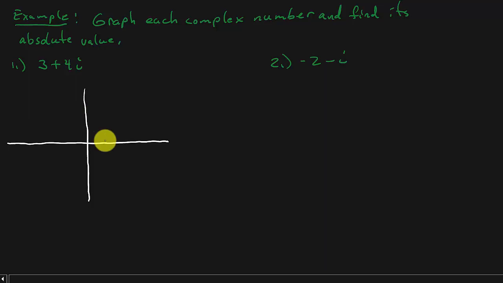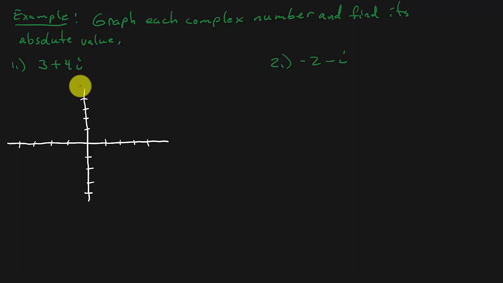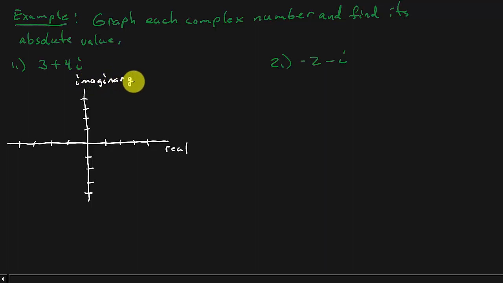Let's put our tick marks on the axes. This is our horizontal axis, and we've got a vertical axis. You know these as the x-axis and y-axis, that's what you've learned all through algebra. But when we're graphing complex numbers, this is the real axis and this is the imaginary axis.